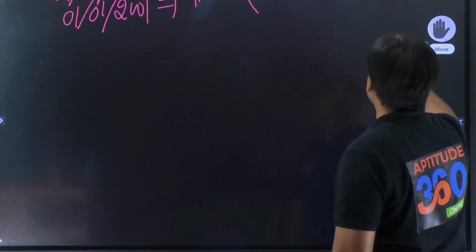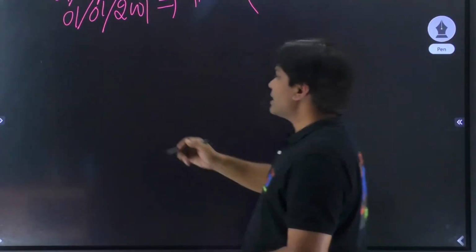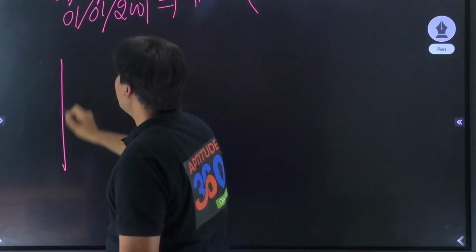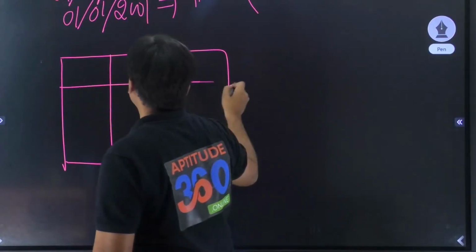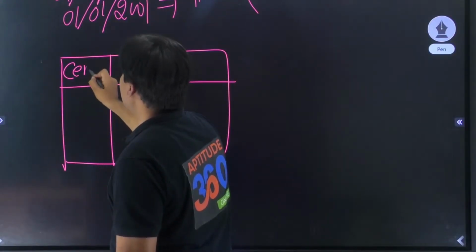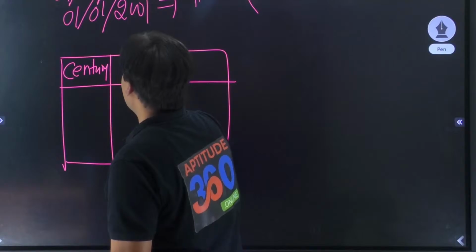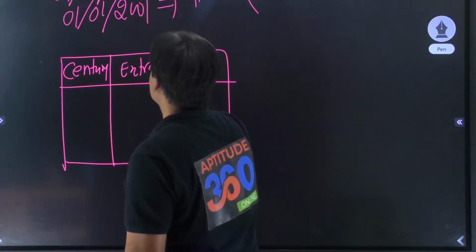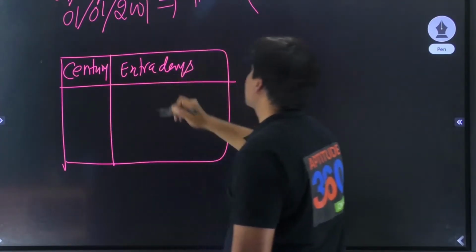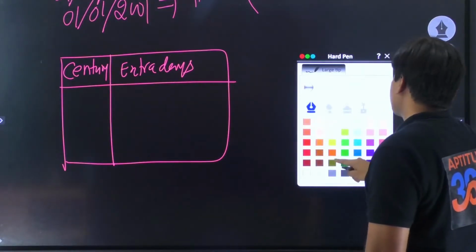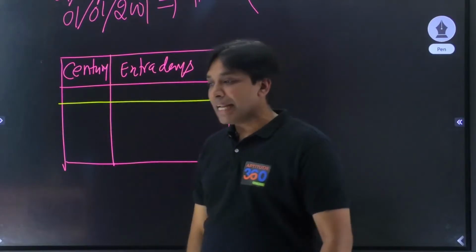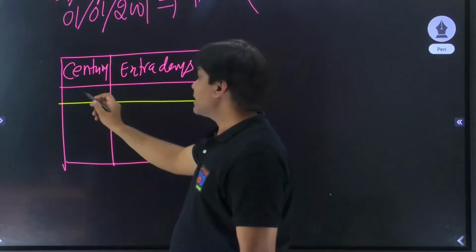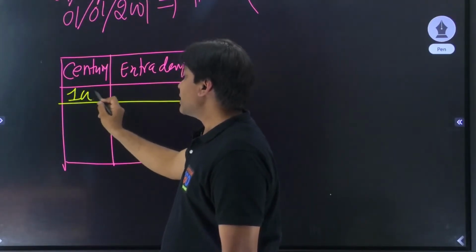Another very important thing. So what did I say? If I make a table out here and I say this is century and extra days. पहली सेंचुरी बीती, first 100 years बीता.